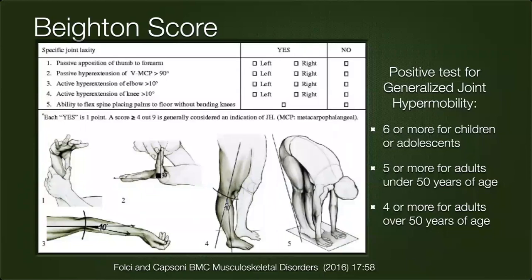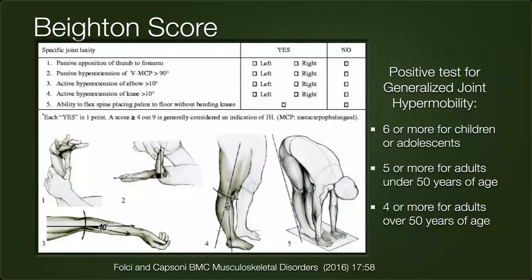I can state with a fair bit of certainty that you really do need a goniometer. You need to measure the angle in order to see if you have the elbow or the knee extending beyond 10 degrees, but I haven't met many people who can eyeball that, and some of the geneticists who do the talks for the EDS Society website will happily admit that they can't eyeball it, and they do it all day long.